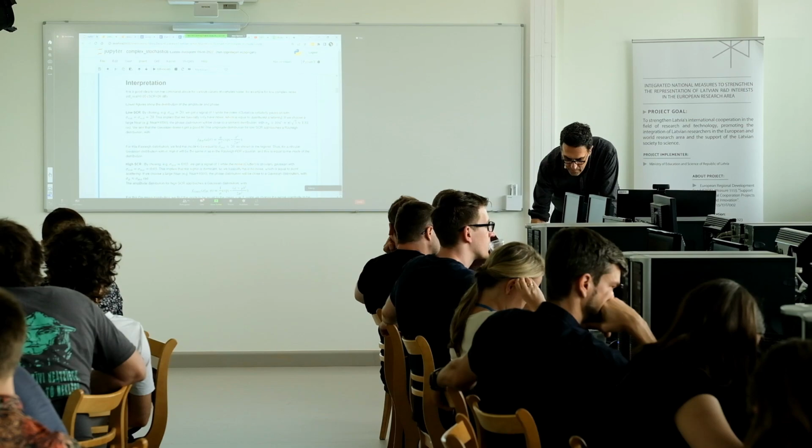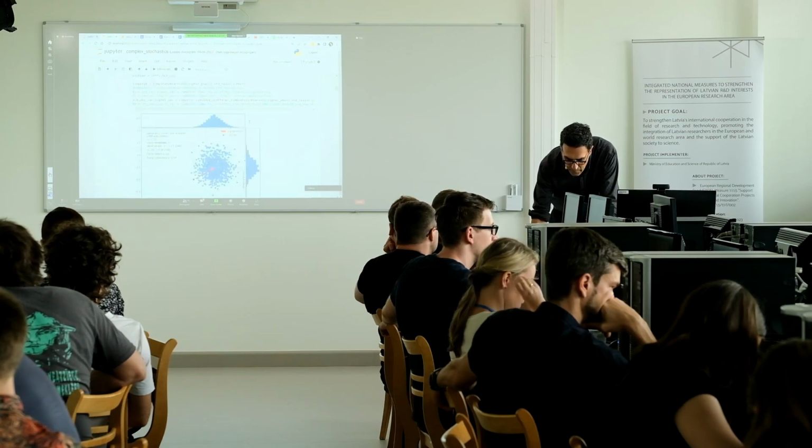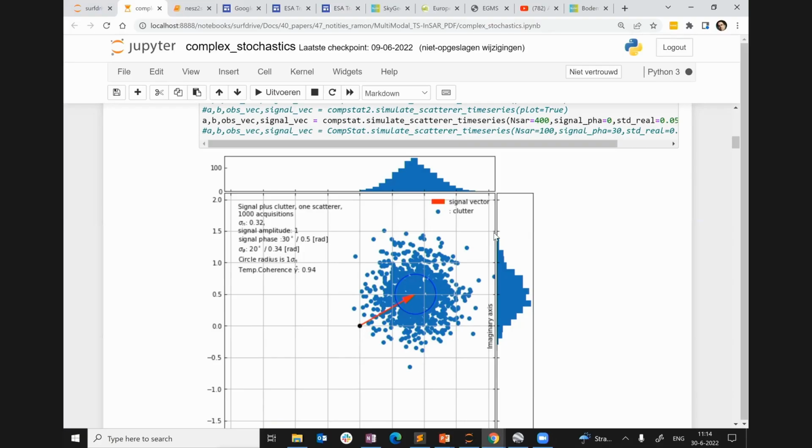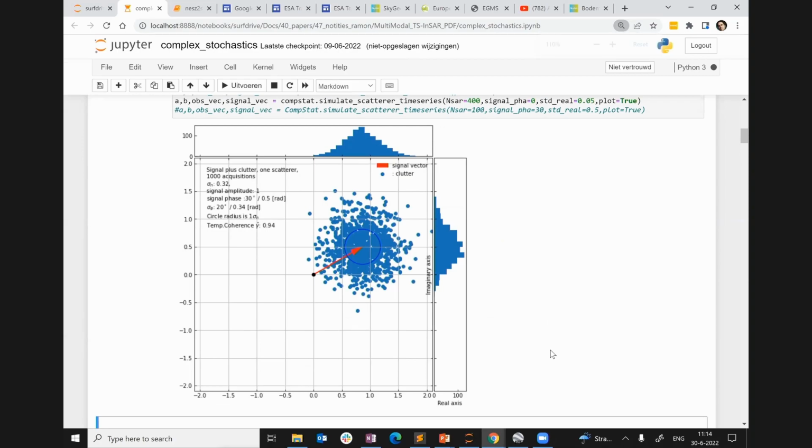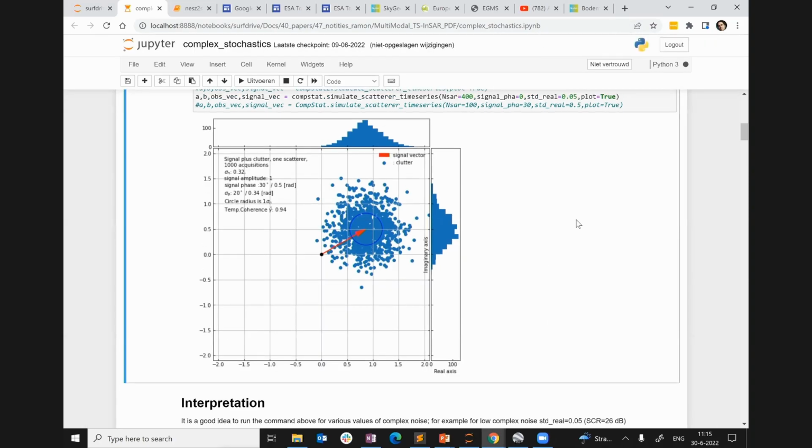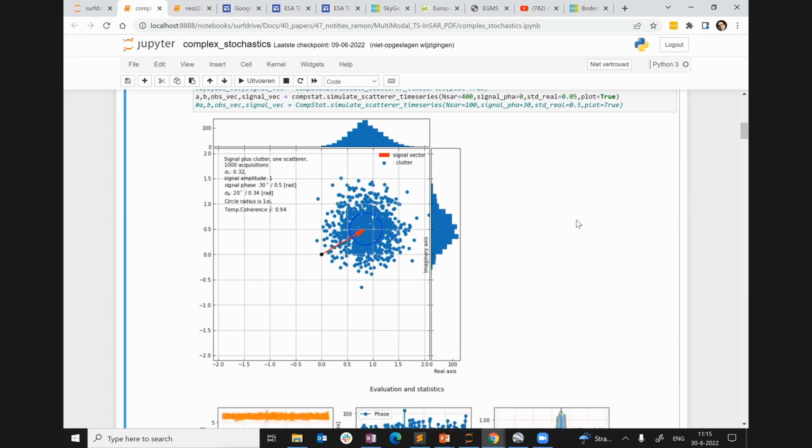What do we get then? We get this. Now the length of this vector is still 1, the angle is still 30 degrees, but now you see that the noise is much bigger. The main message: in the real axis, it's this Gaussian distribution, and the imaginary axis also a Gaussian distribution.